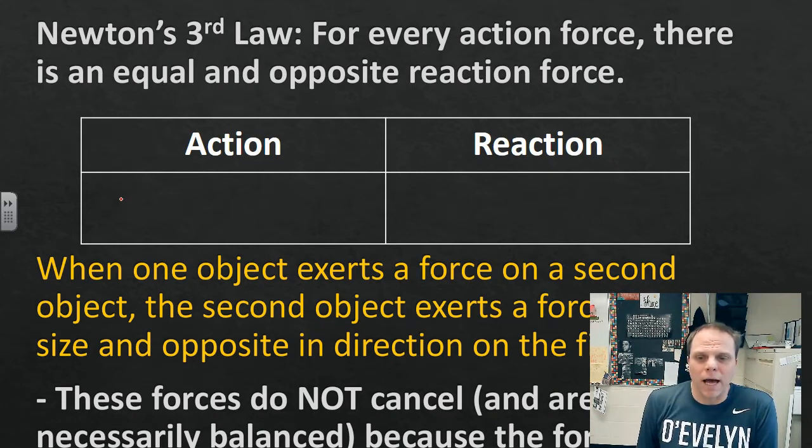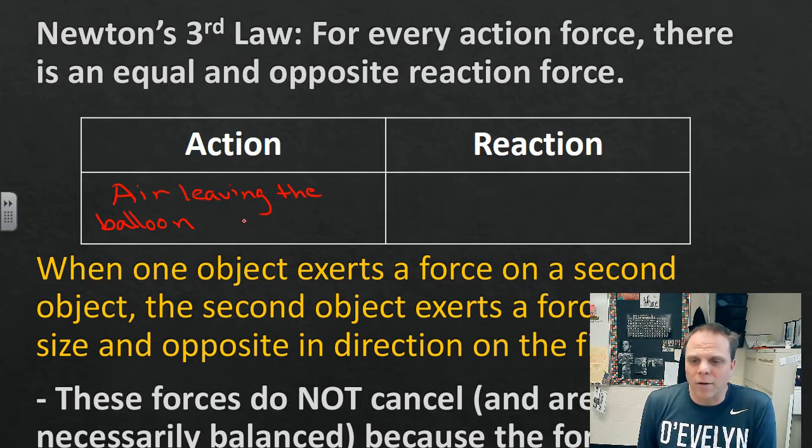So the action force is the air leaving the balloon, right? And if we can imagine a picture of that, we've got the little balloon valve there, and we've got the air going in one direction, right?